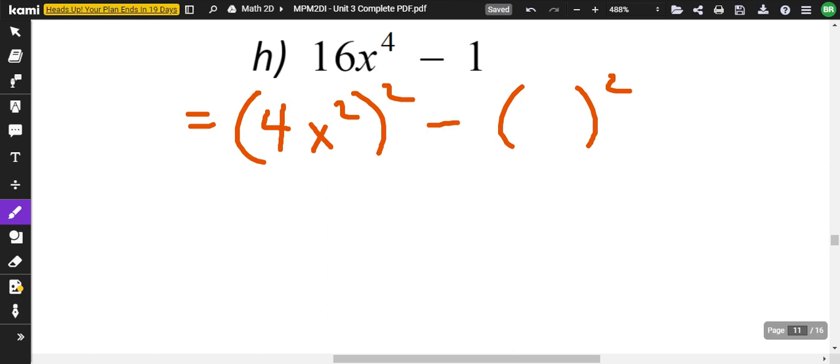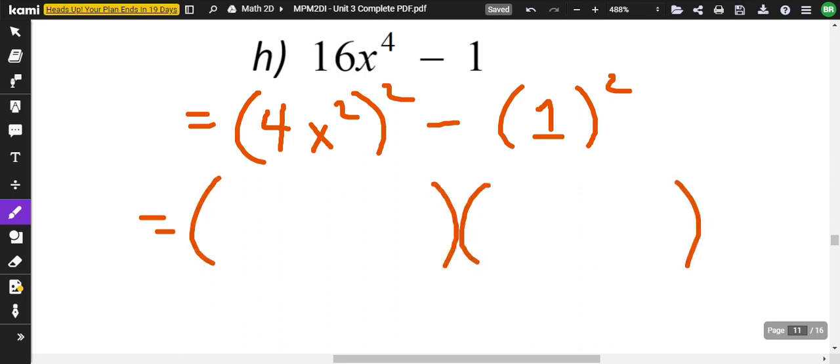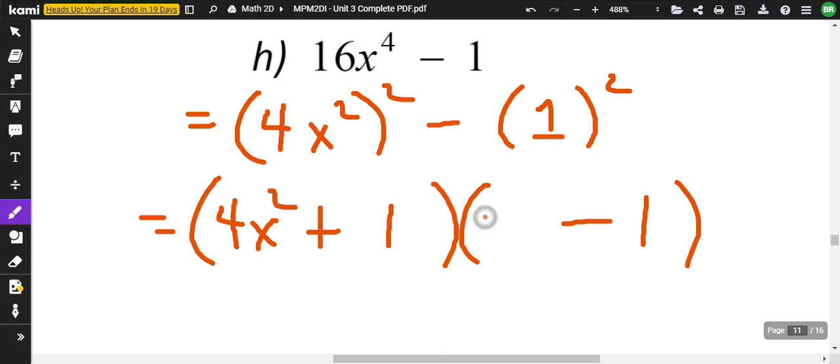What times itself gives me 1? 1. So while this did at first look like it might be a little bit tricky, turns out it's maybe even easier than we thought. Nice. 1 squared is 1. 1 is a perfect square.